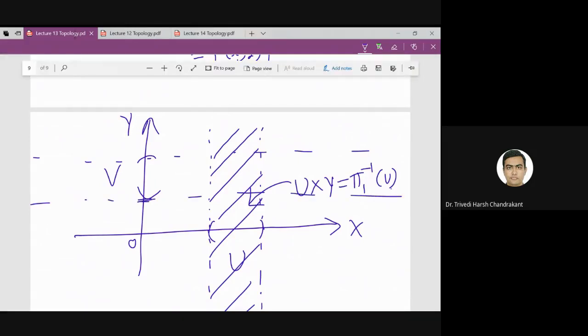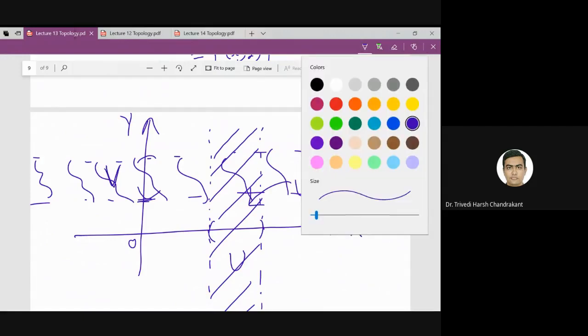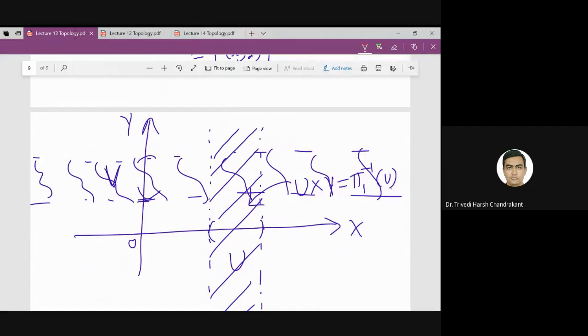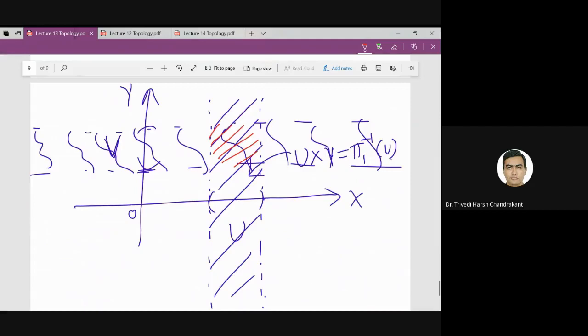So they are all these points, right? So all these points I can project on V. So what is the intersection of these two sets? That is this one.